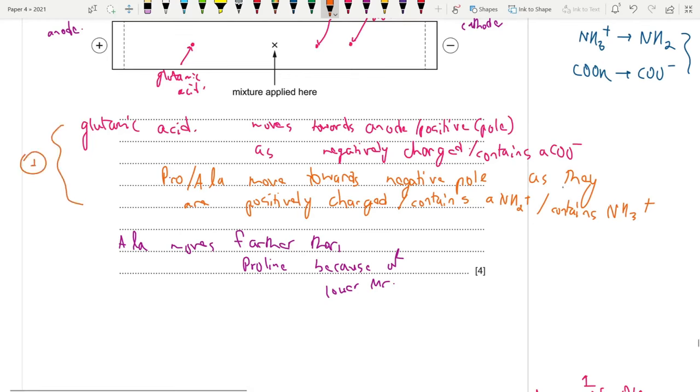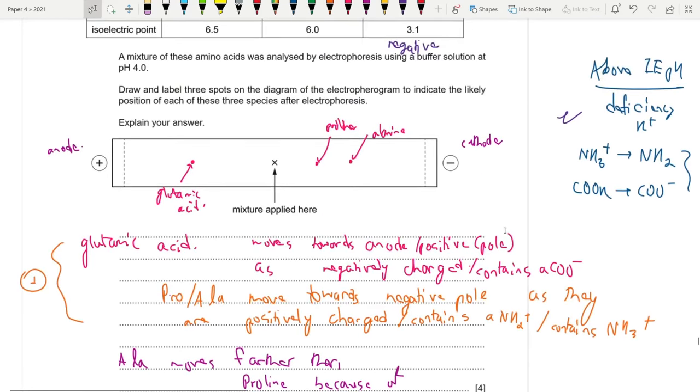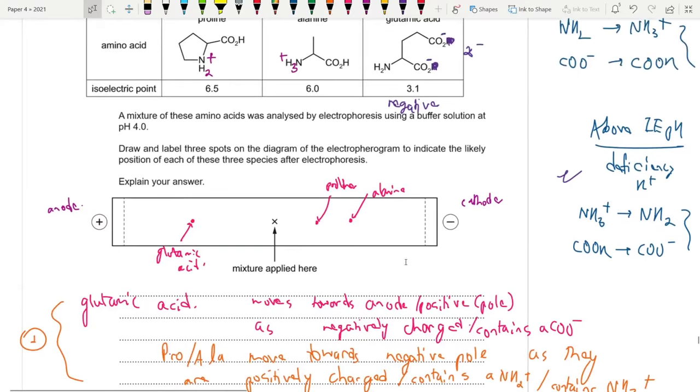Okay, so what's the mark distribution for 4 marks? Basically, 1 mark for the glutamic acid, like why they're moving towards the positive or negative pole in general. Look at the second mark. It's for the explanation why alanine moves further. As you can see, alanine moves further. So in electrophoresis, the distance traveled depends on two factors: size and charge. Both alanine and proline have the same charge, plus 1. Why does alanine move further? Because it has a smaller mass.